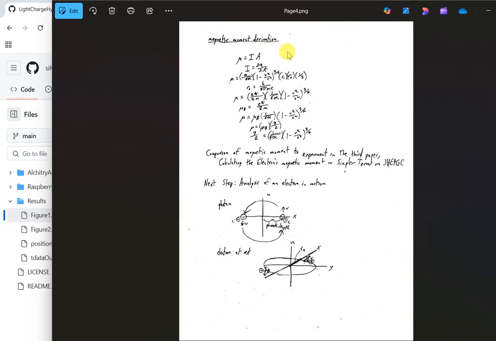We're gonna go to the magnetic moment derivation. Because in this model, the electron is something that has a structure, we can just look at it structurally to determine the magnetic moment. So typically for a current-carrying wire in a loop, we just look at the magnetic moment of that wire loop as the current times the area of the loop. And here we just say that the current is the change in the charge over the delta time.